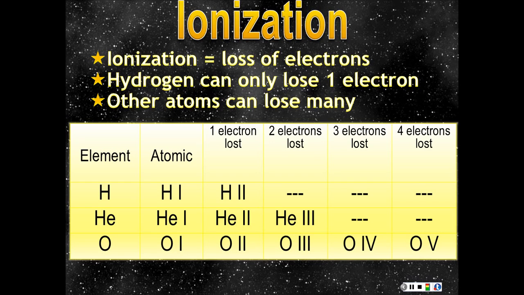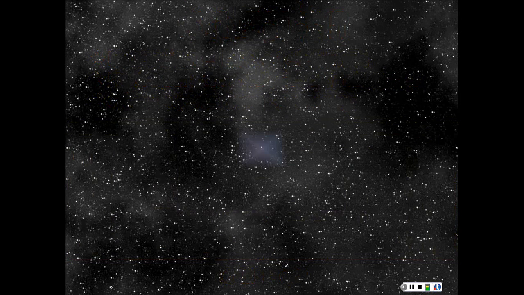If you've got iron, the metal iron, it has 26 electrons, the most usual isotope, it doesn't matter. It has 26 electrons and therefore can lose 25 and still have an electron, and so on. And so O3 is O2 plus, and we can tell the difference between all of these, because there's always more than one transition that we can observe.